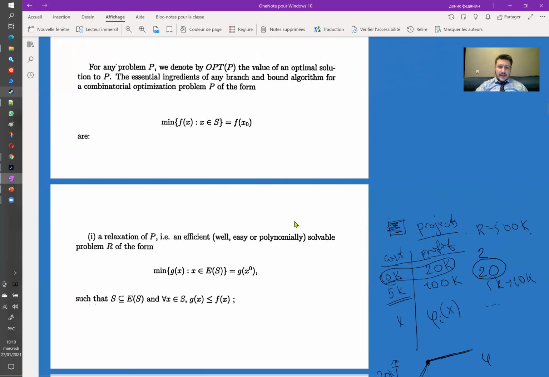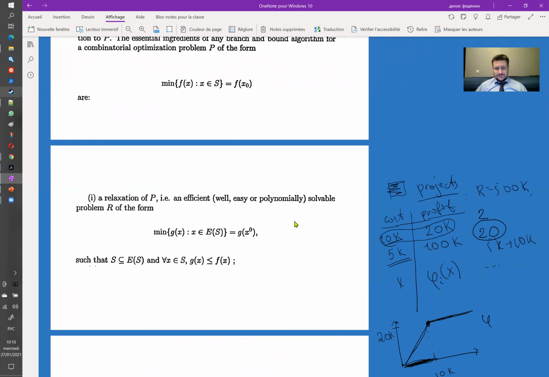Okay, and such an estimation we can call x0. This process, as I have described here, is called a relaxation, because we use some kind of infinitely divisible goods and so on.